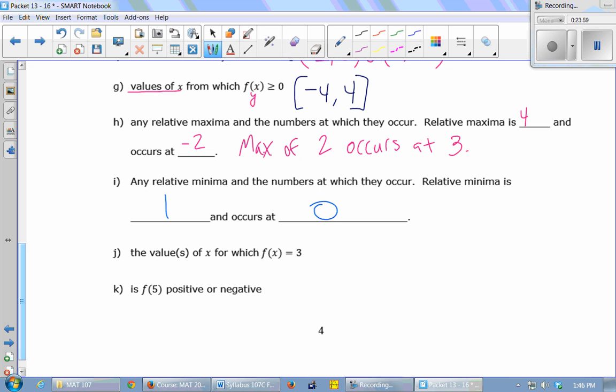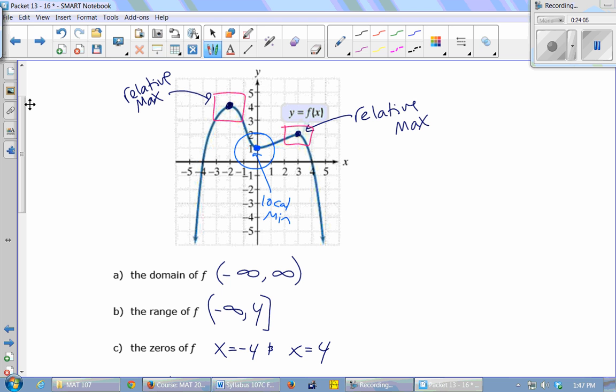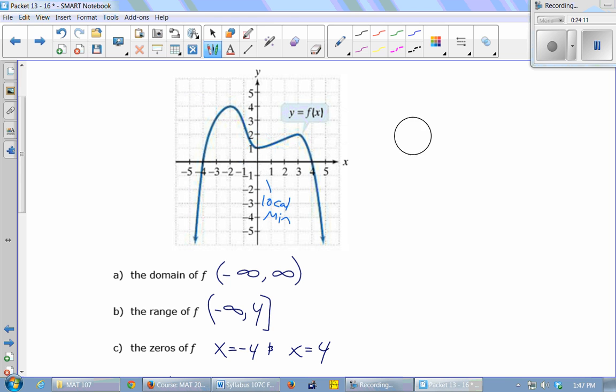Okay, values of x for which f of x equals 3. -3 and -1. So if f of x equals 3, that means y equals 3. That's the same thing, right? F of x is just a new fancy way of writing y. So I'm just going to draw a line at y equals 3. This is the line y equals 3.